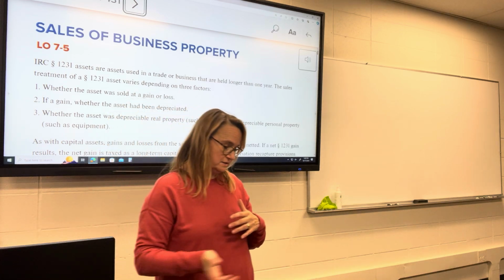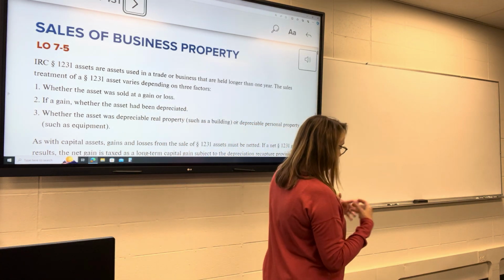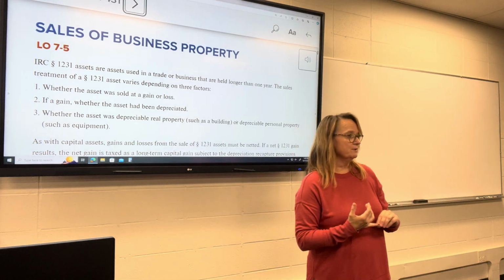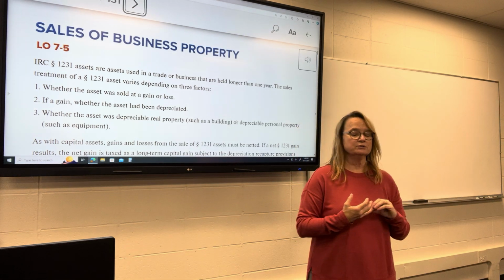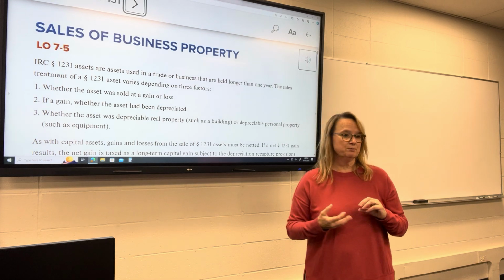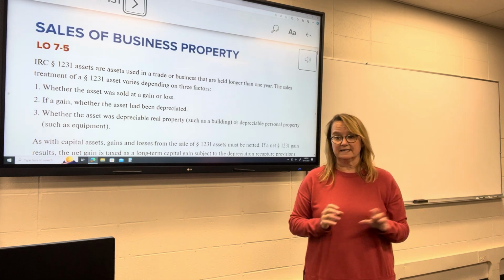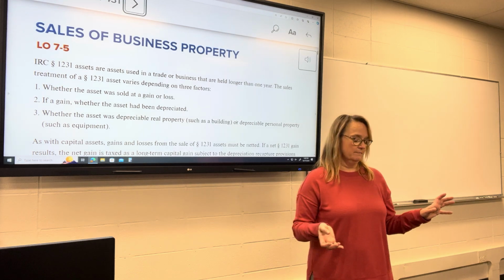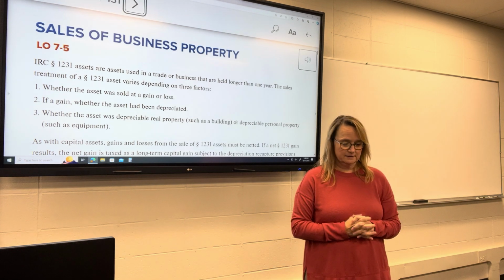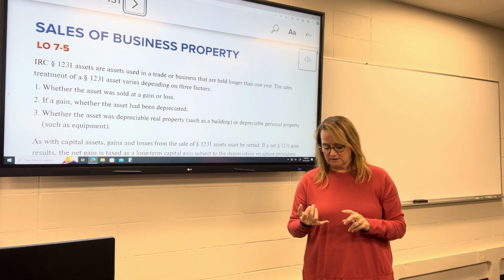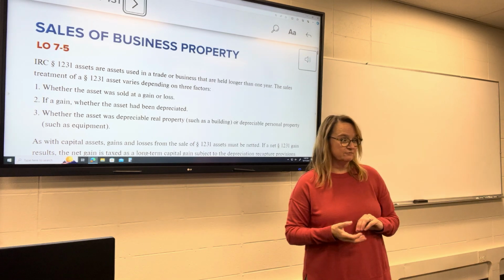And then we talked about capital gains as well, which we call our investment property and personal use property. If it's personal use property, we don't get to recognize any losses on those items. But we went through and talked a lot about the capital gains, lots of aspects to that.